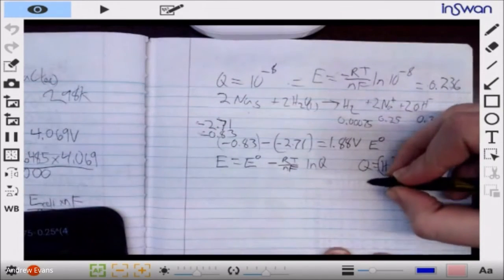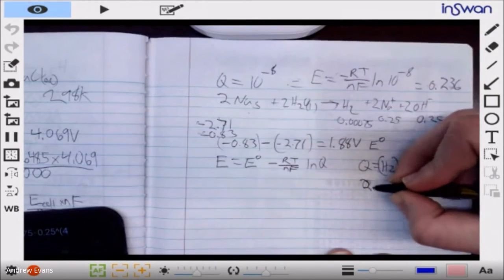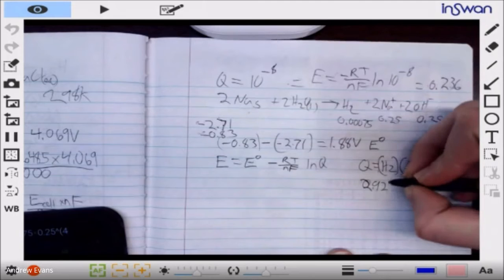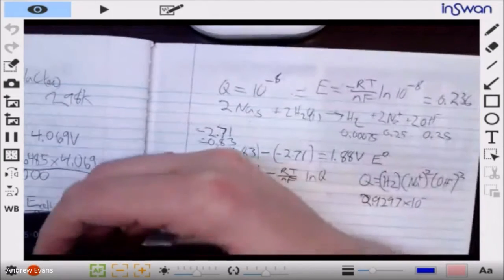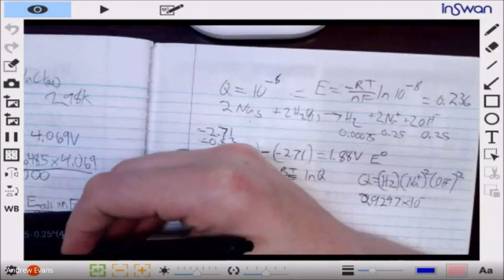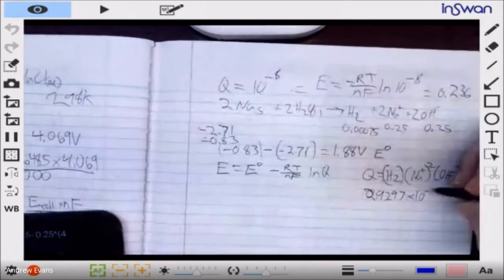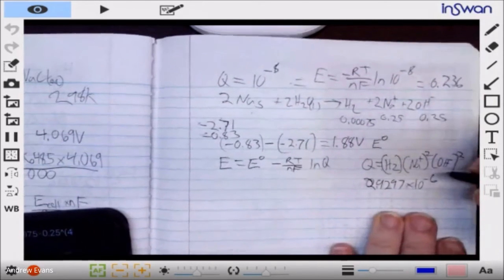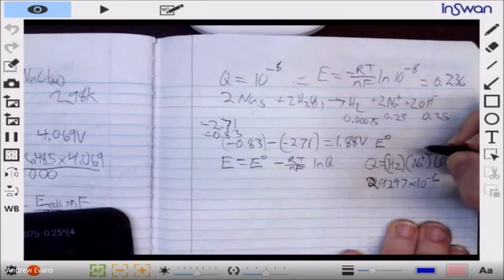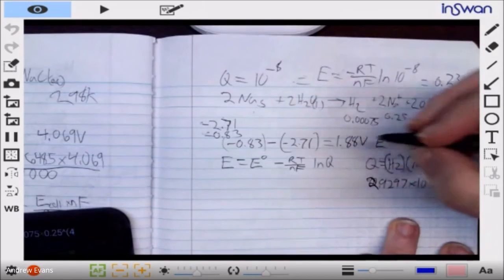Q is equal to 2.9297 times 10 to the negative 6.